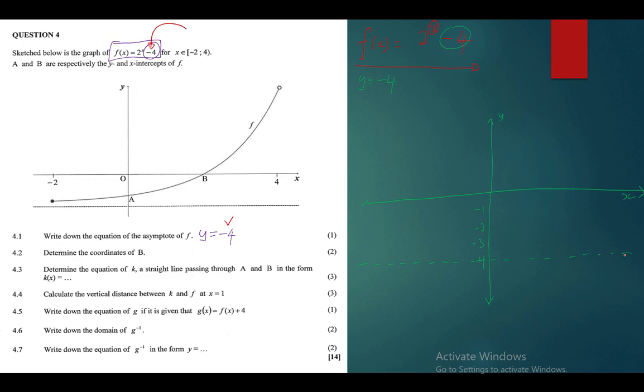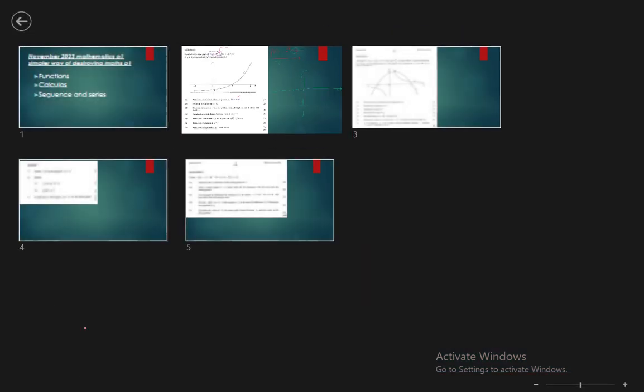It's very important to show us the asymptote. In this case, your asymptote is negative 4, and it's the y asymptote. That is why you go to the line of y at negative 4, you put a dotted line. Let's say here is the x-axis. It's wrong to put the dotted line here.